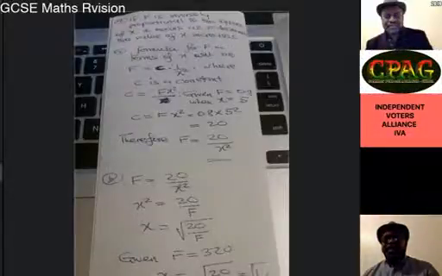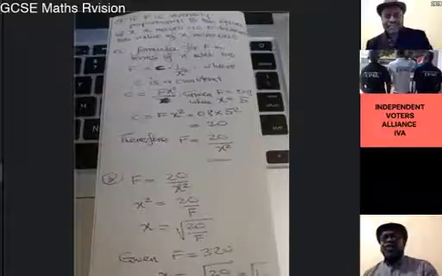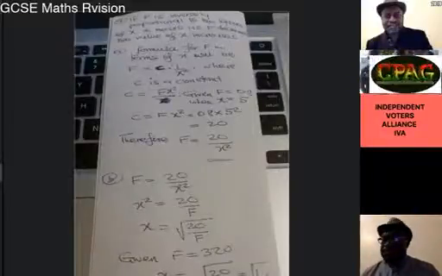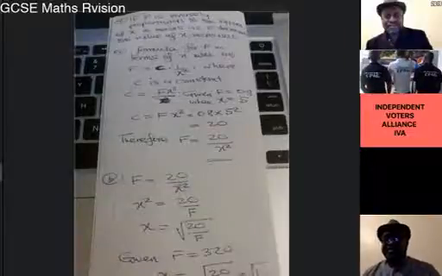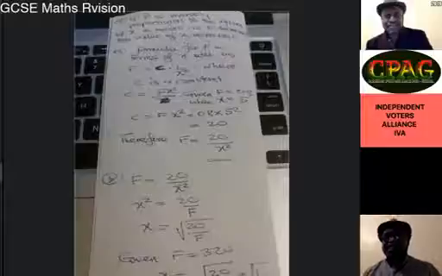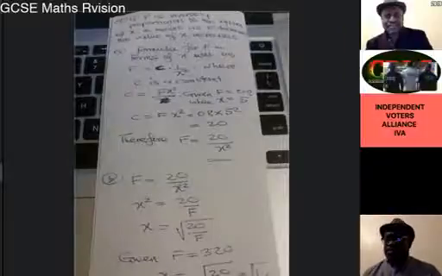When f has a value, x has a value. So you can put down an equation with a constant that completes that expression of f is inversely proportional to x.